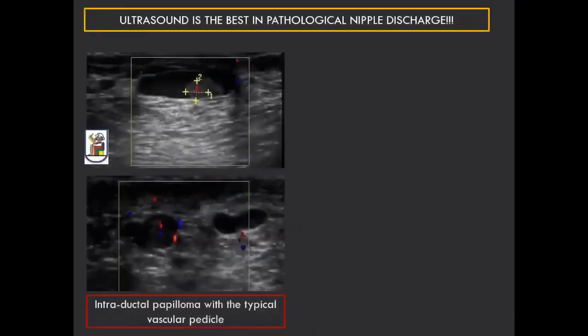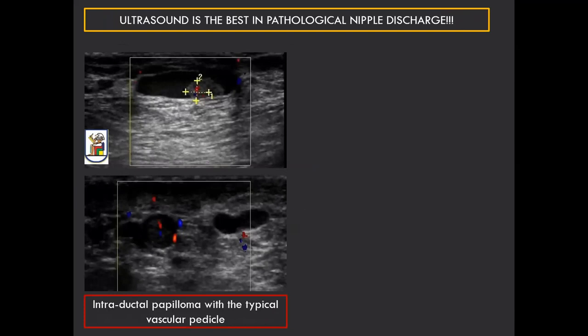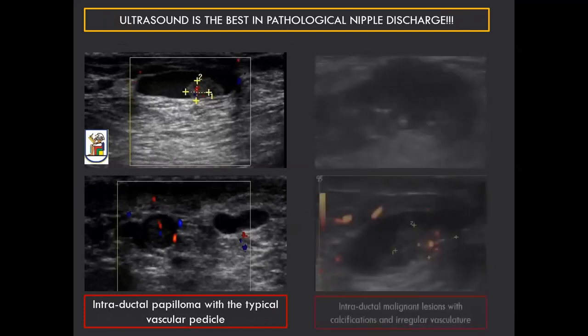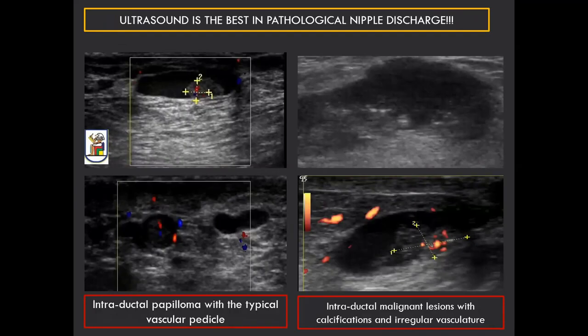It can also diagnose small intraductal papillomas with their characteristic central vascular pedicles. And it can tell us whenever we have an intraductal malignant lesion with increased vascularity and calcifications evidently seen on the ultrasound.